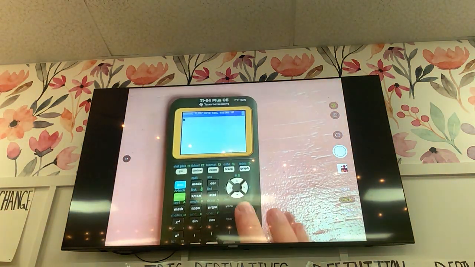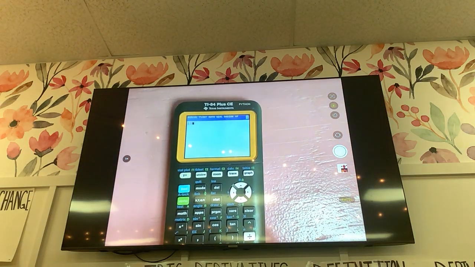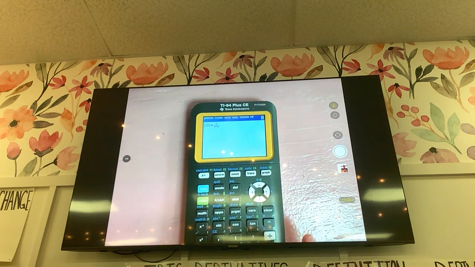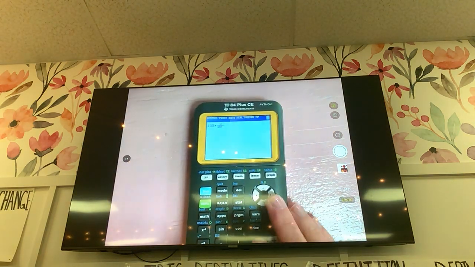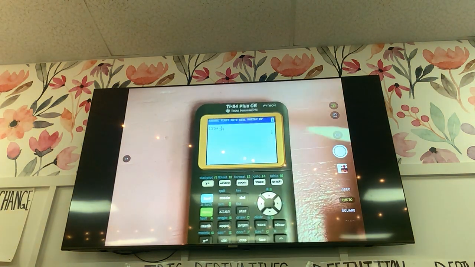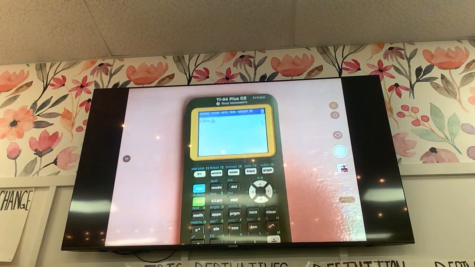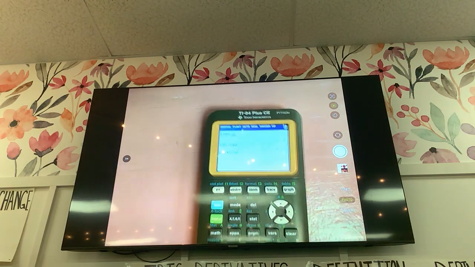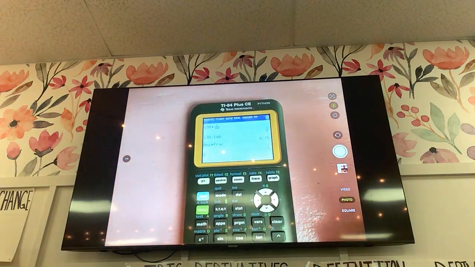So in your calculator, I'm going to do 135 times 1 over 180. So 3/4. Or you also could do 135 divided by 180 and then math, enter. Either way, but get the fraction. Don't plug pi in.